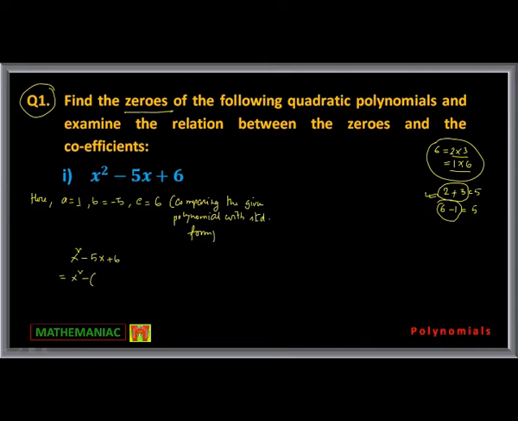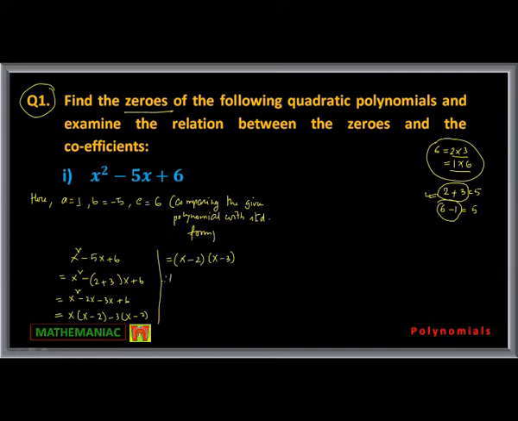So minus I'll keep outside, and then this can be written as 2 plus 3. Now, as usual, for completion of your factorization, you can take this 3 common, then x minus 2, and then you will be getting x minus 2 into x minus 3.